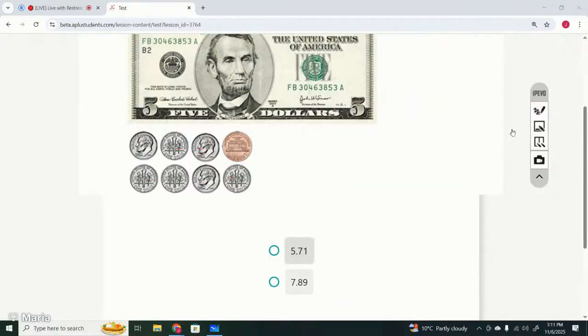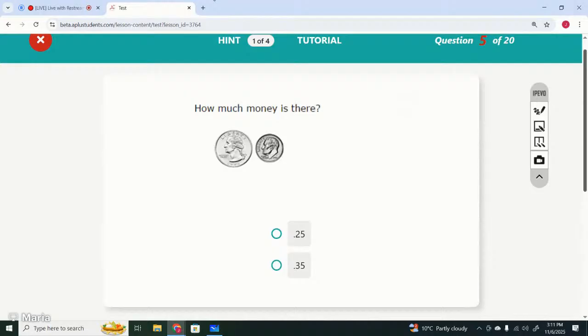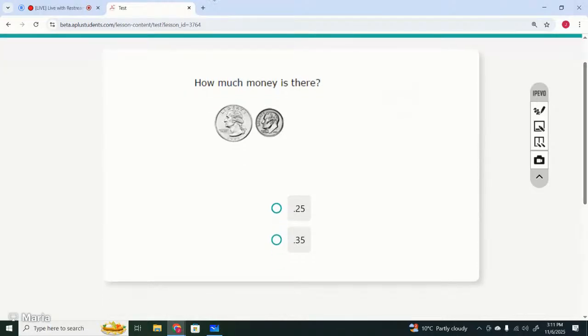Option number 1 is the correct option. That is 5.71. How much money is there?